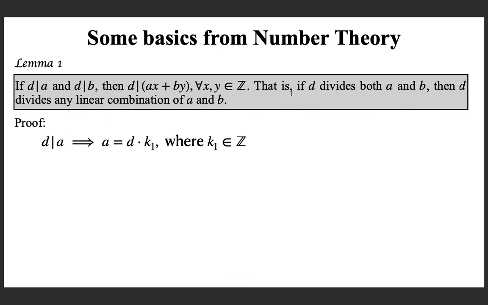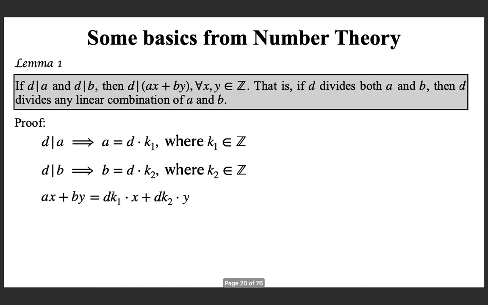Suppose d divides a, then by the definition of divisibility, a can be written as d multiplied by k1, where k1 is an integer. Similarly, if d divides b, then we can write b as d multiplied by an integer k2. So we are assuming that d is a divisor of both a and b. Now, what is ax plus by? You substitute these values for a and b.